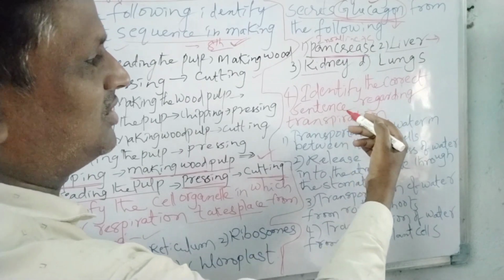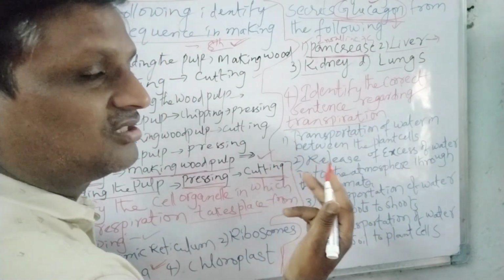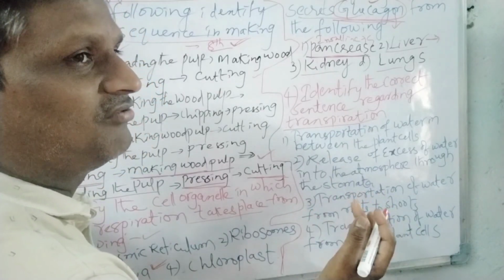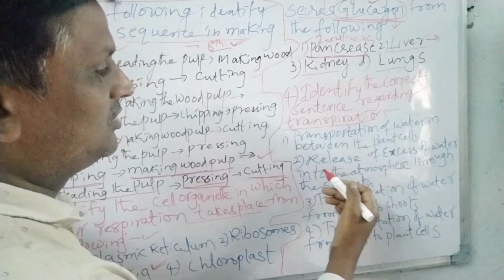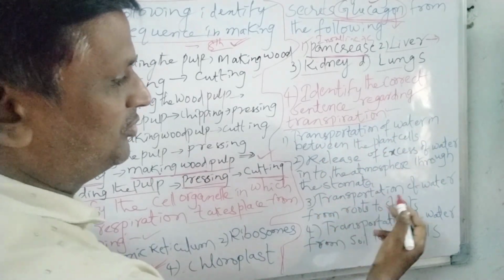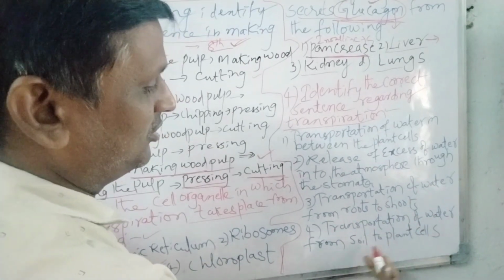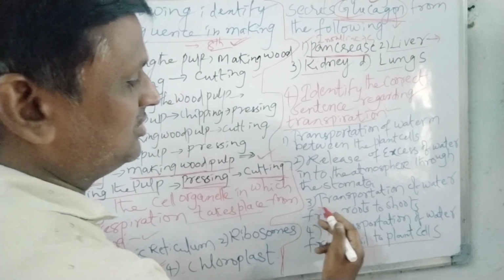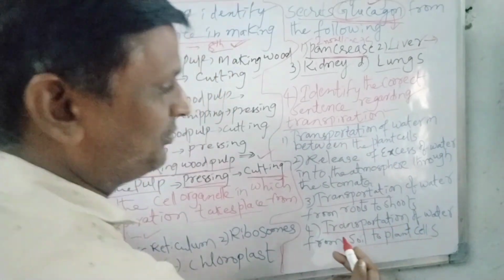Then, identify the correct sentence regarding transpiration. Transpiration means the excess water in the plants is evaporated in the form of water vapor through the stomata. See here, transportation of water is from the roots to shoots, or from the soil to plants. In all those cases it is transportation.